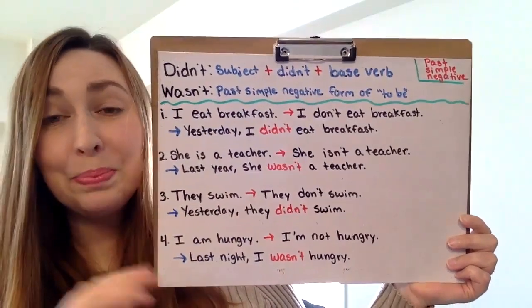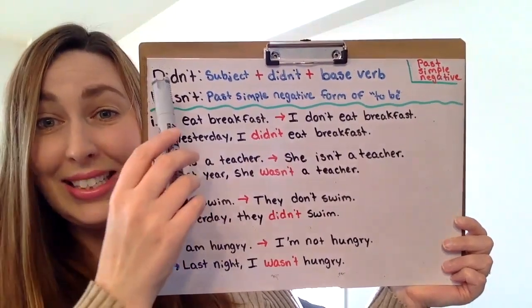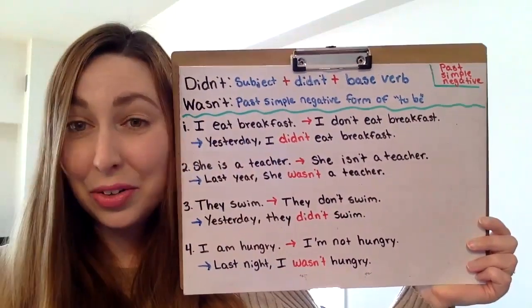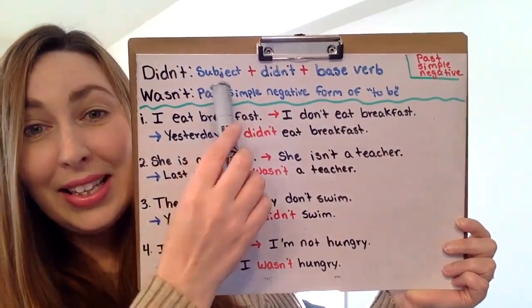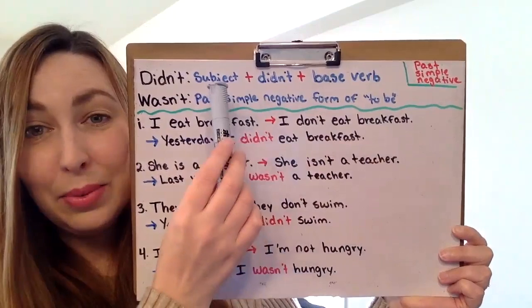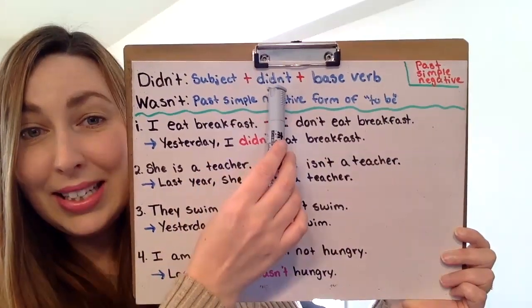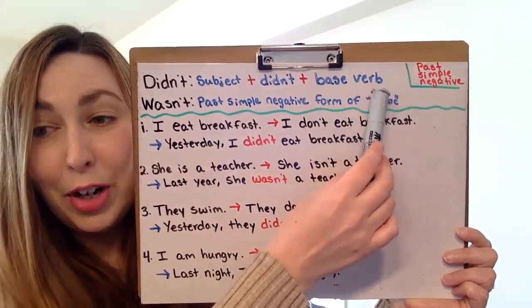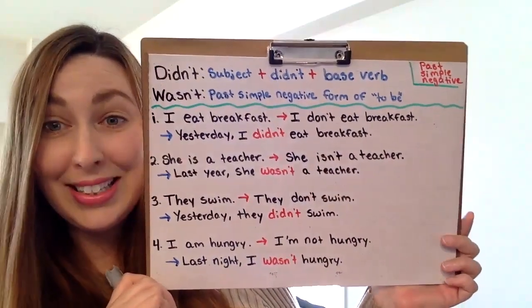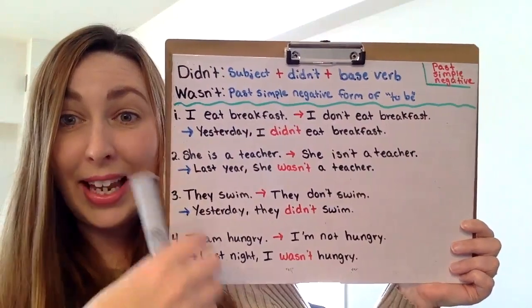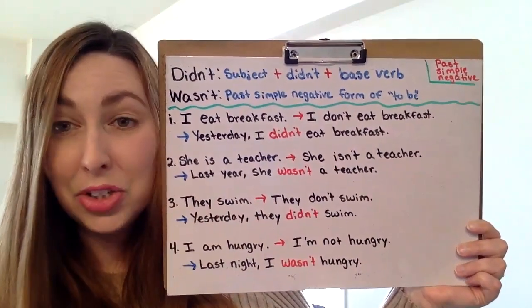First of all, didn't is an auxiliary verb. Let's remember that. This is how we're going to use didn't: subject plus didn't plus the base verb. A base verb is a verb without any changes to it.